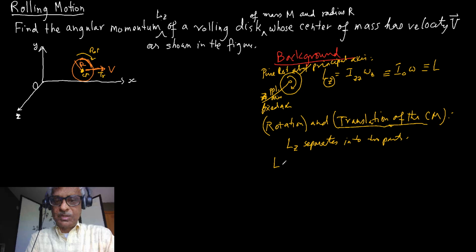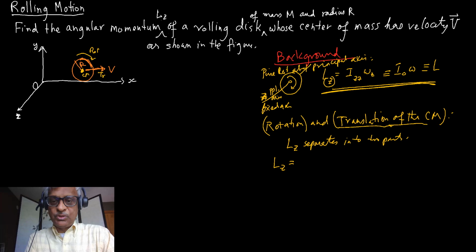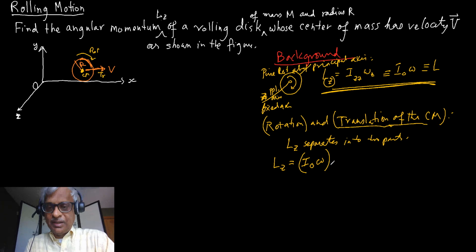So what does it mean? Lz is as if it's just rotating through the center of mass, so it will have a term I0 omega, with the axis through the center of mass.